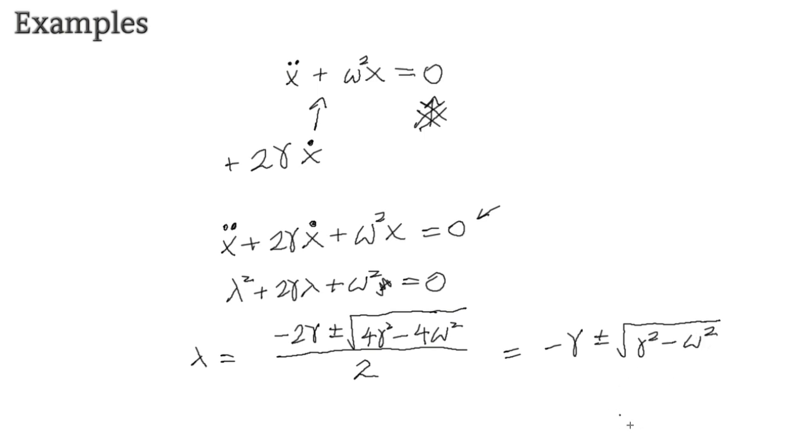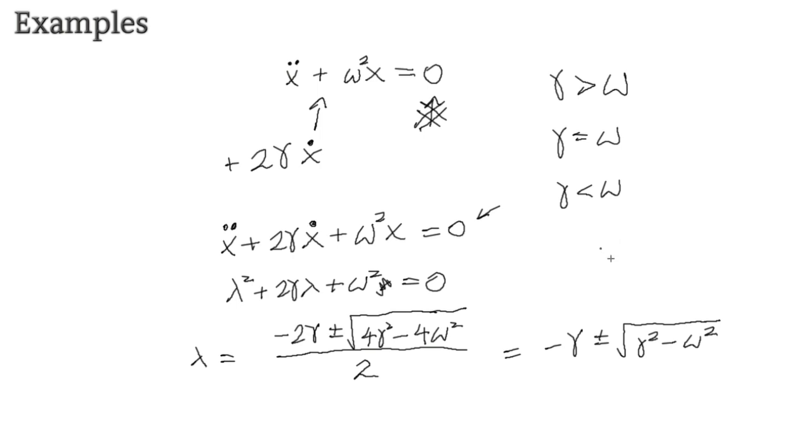We have this expression which is kind of interesting so far. There are a few things that can occur right here. If gamma is larger than omega, you get one solution. If gamma equals omega, you get another solution. If gamma is smaller than omega, you get another solution.